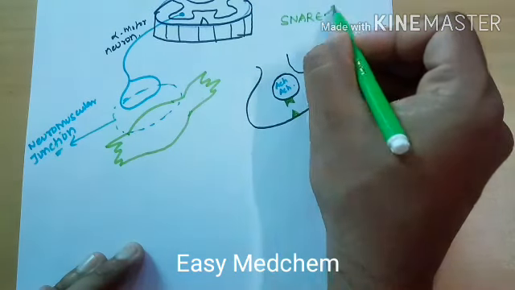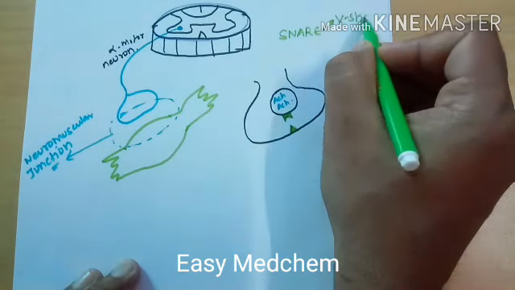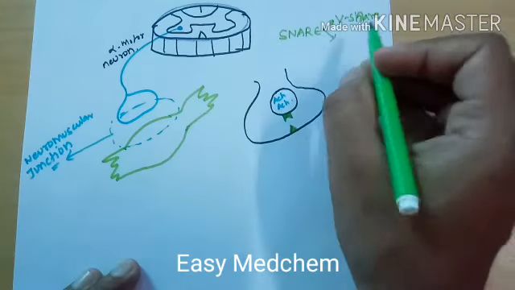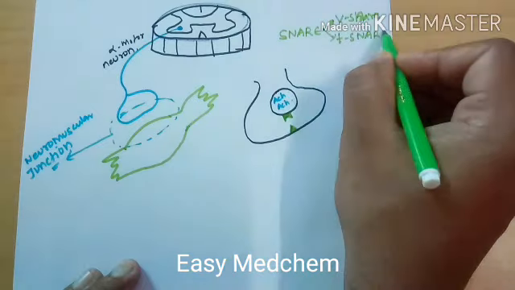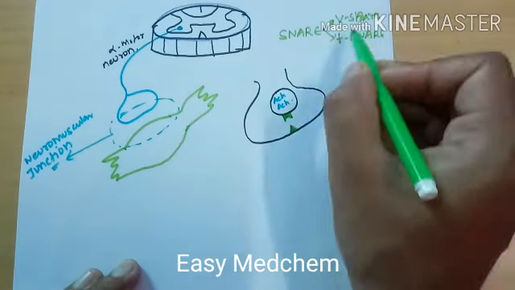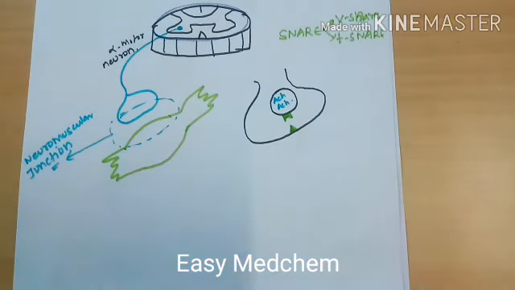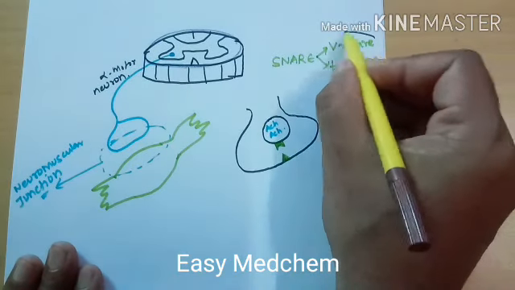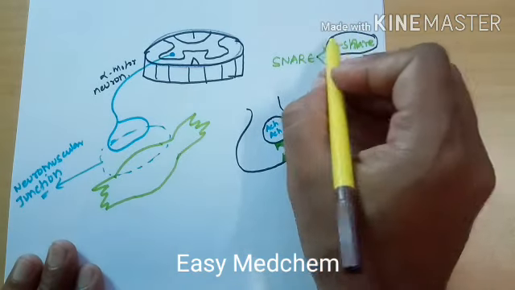There are two types of SNARE proteins: the V SNAREs, present on the vesicles, and the T SNAREs, or terminal SNAREs, present on the membrane. There are many types of V SNAREs.